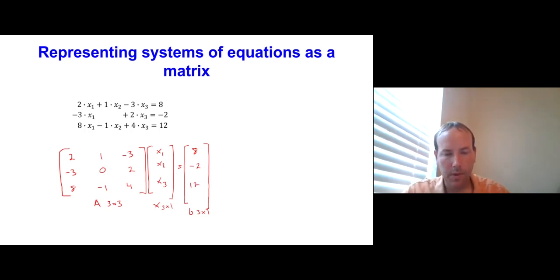Okay, so once we have these values, let me show you, at least by the linear algebra that we've done so far, how you can solve for these unknown values.